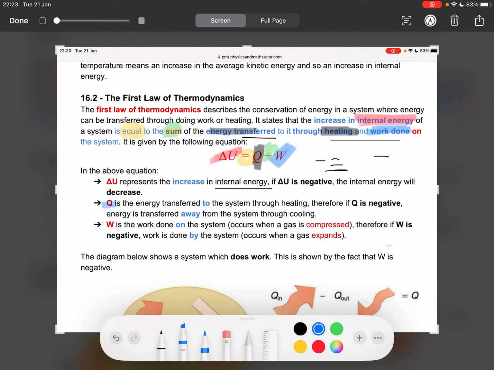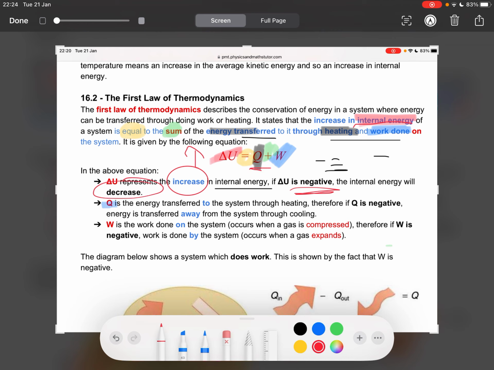So delta U is the internal energy, which, if it's a positive number, means an increase. If it's a negative number, it means a decrease.